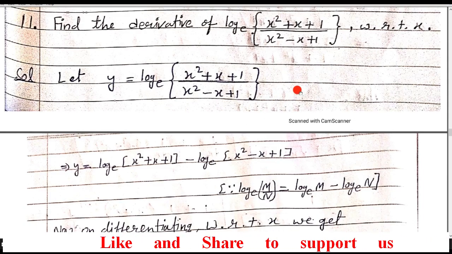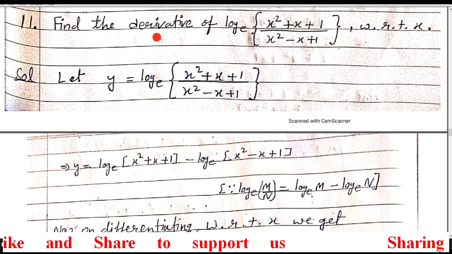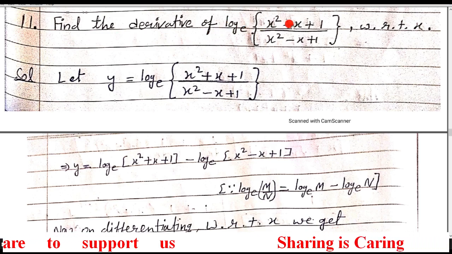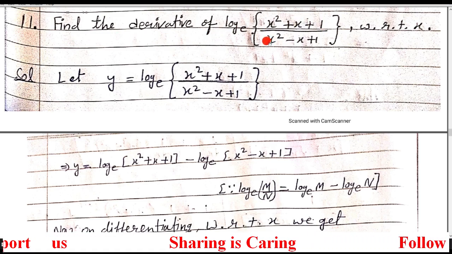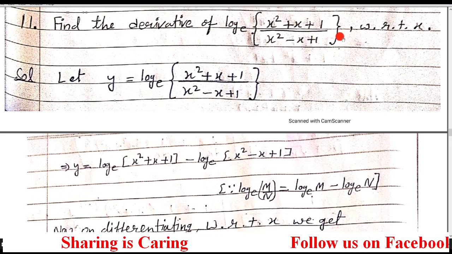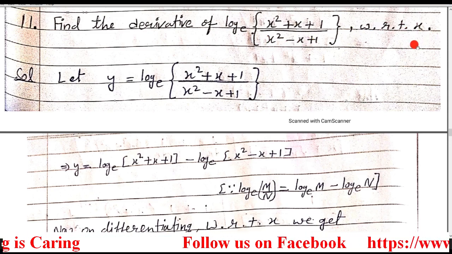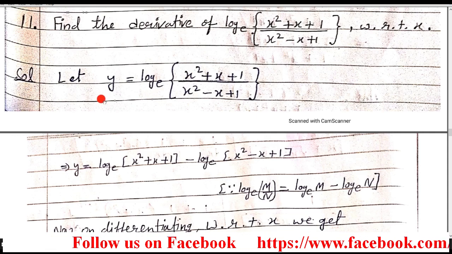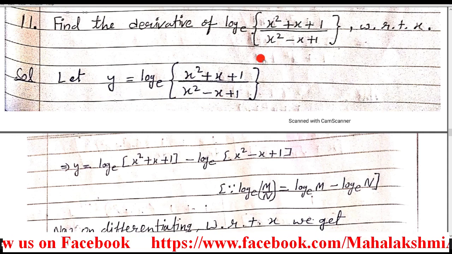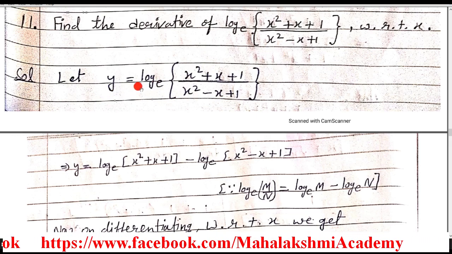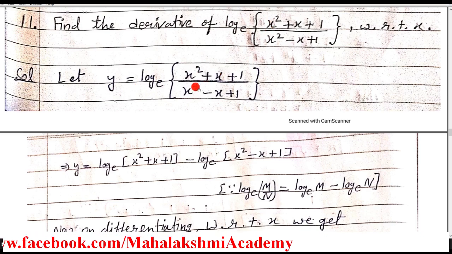Question number 11 is, we have to find the derivative of log of x square plus x plus 1 upon x square minus x plus 1 with respect to x. So when we have to differentiate it, first I assume y is equal to log of the complete expression.